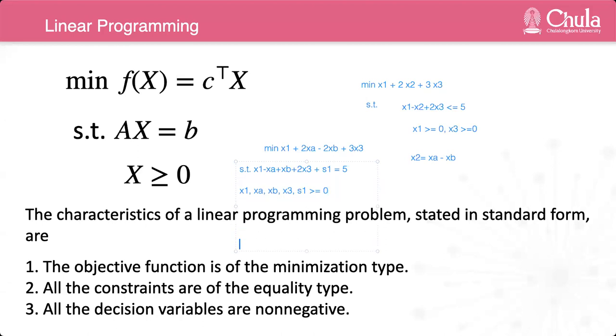For example, if we have x1 plus x2 plus x3 greater or equal to, let's say, 4, then you subtract s1 on this side. Because s1 is positive, it becomes equal. The same idea for less or equal.